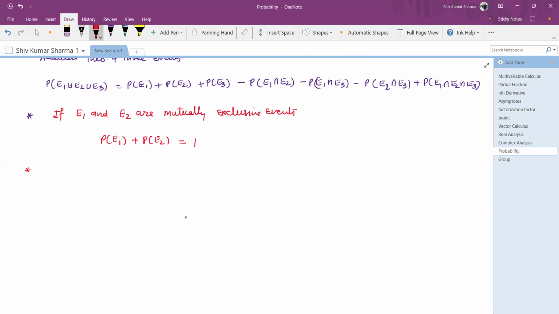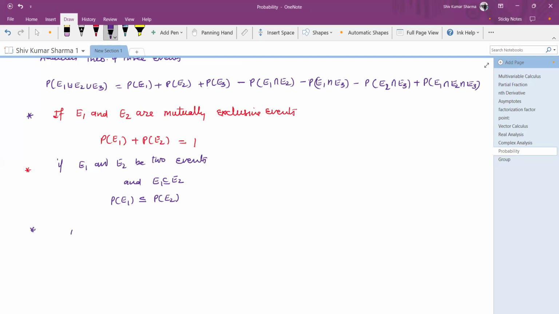Next theorem: if E1 and E2 are two events and E1 is a subset of E2, meaning all the elements of E1 are elements of E2, then the probability of event E1 is always less than or equal to the probability of event E2.